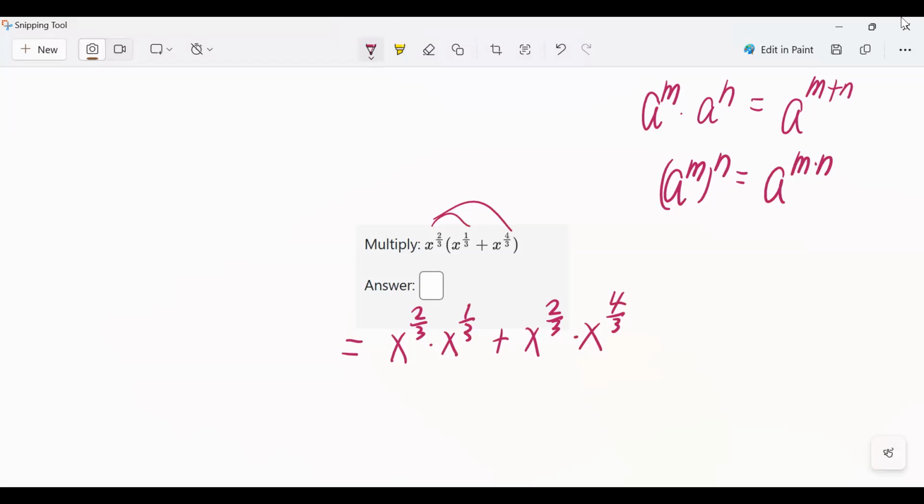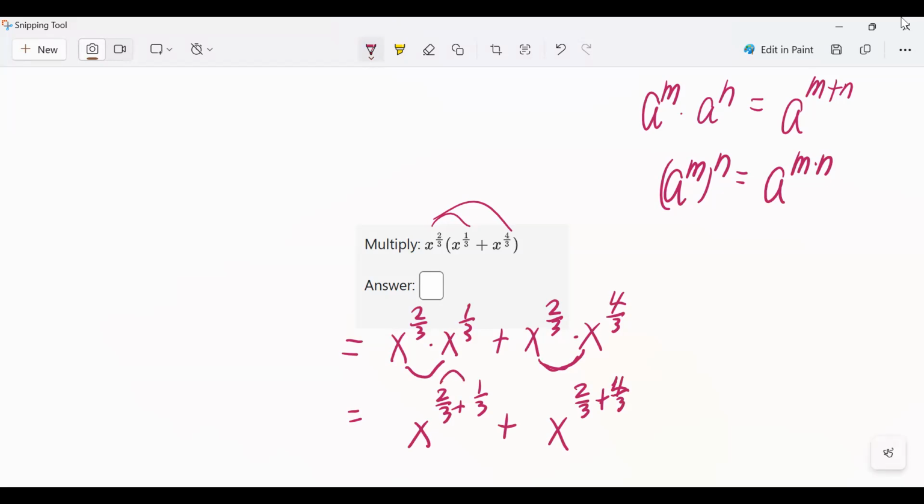So when we multiply two exponents with the same base, keep the base and add the exponents, 2/3 plus 1/3. Similarly for the second one, make sure they have the same base, 2/3 plus 4/3.